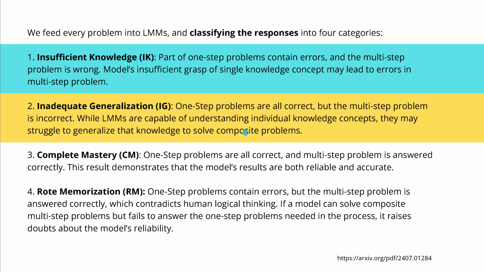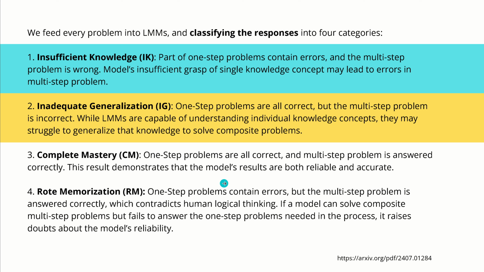Then, of course, we have the best case, the complete mastery. All one-step problems are correct and the multi-step problem is answered correctly. The system is just perfect. And then the absolute opposite here. So we have here rote memorization.